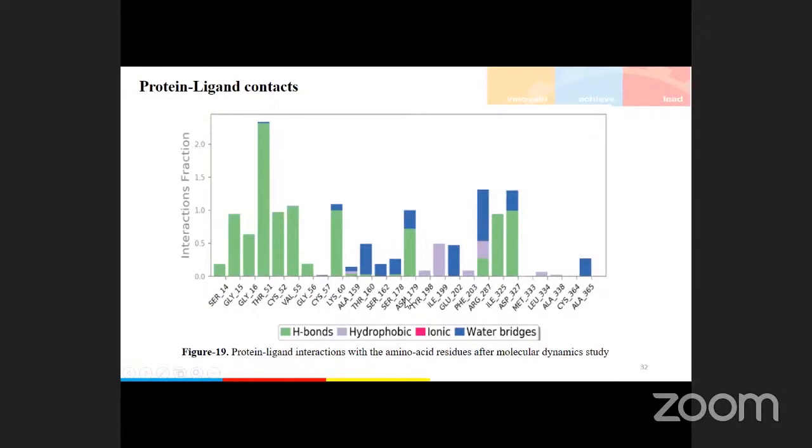So these are the various amino acids, and the majority of the amino acids involved are these. It showed the same hydrogen bond interaction with our protein ligand, and the remaining blue indicates water bridges. Unfortunately, here there are no ionic interactions and very minimal hydrophobic interactions.